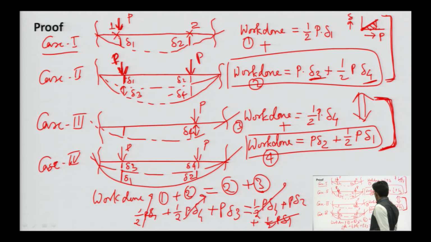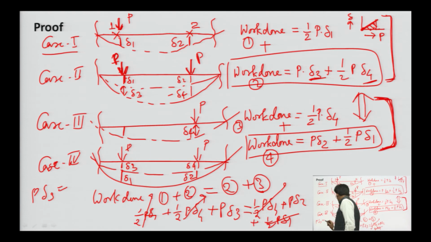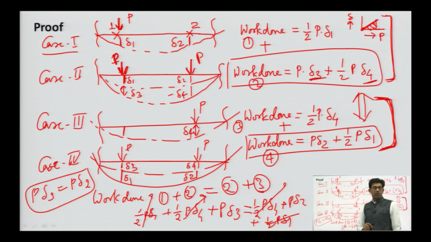Then what is the remaining thing? Remaining thing is P into del 3 is equal to P into del 2. So, see here, P into del 3 is equal to P into del 2.